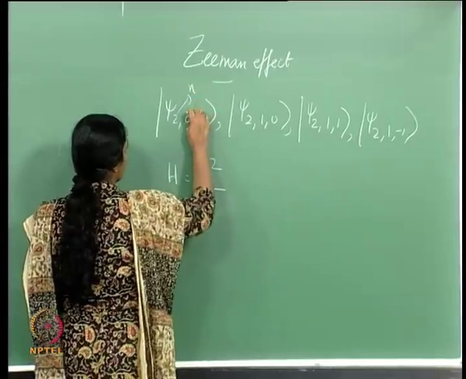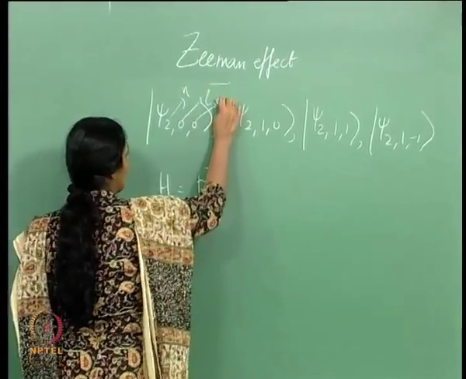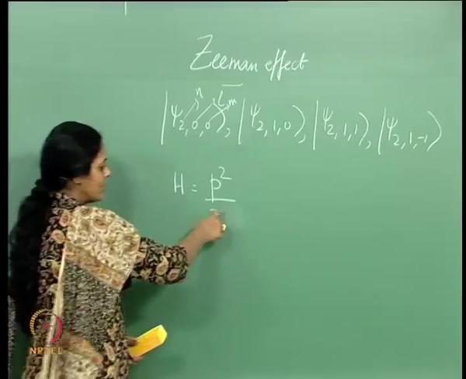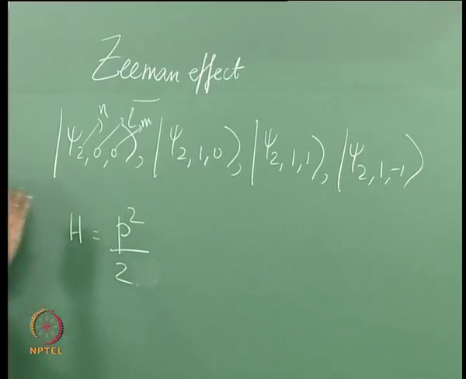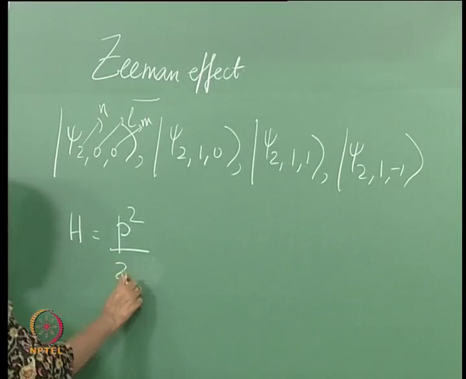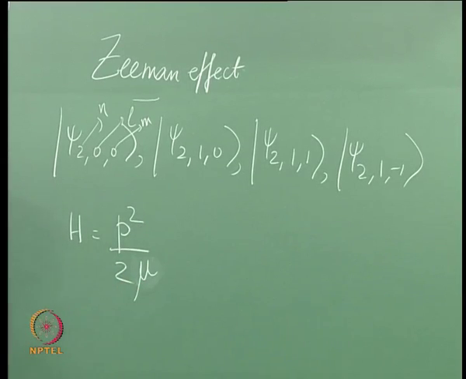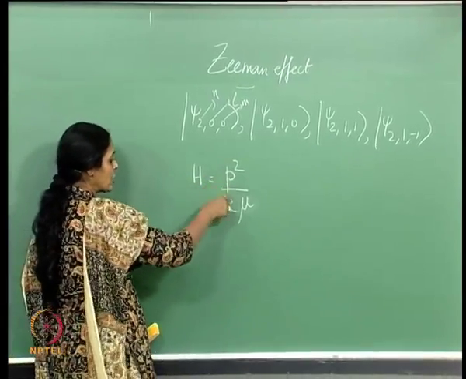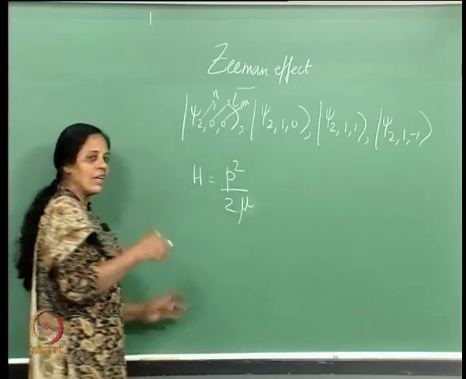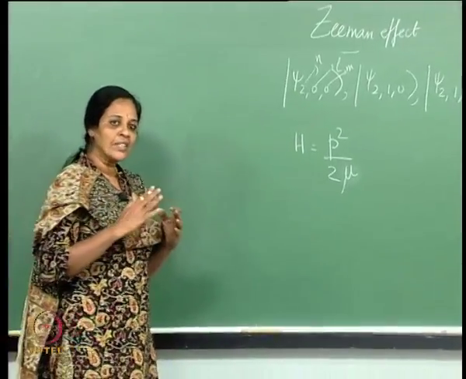This is n, that is L, and that is m, the quantum number. We are looking at the hydrogen atom problem, so this would be the reduced mass. So, mu is the reduced mass. I write H as p squared by 2 mu, and now I couple it to a magnetic field.